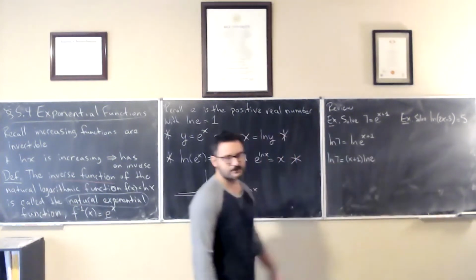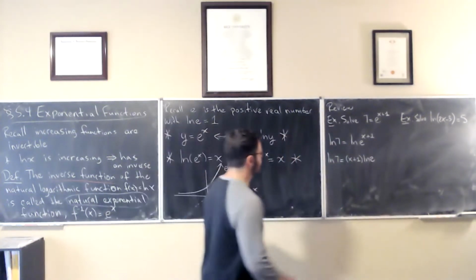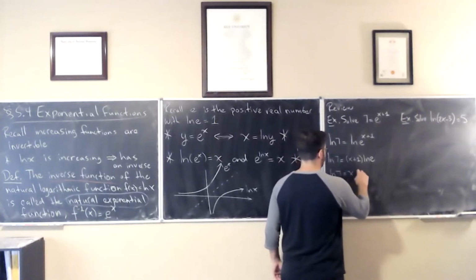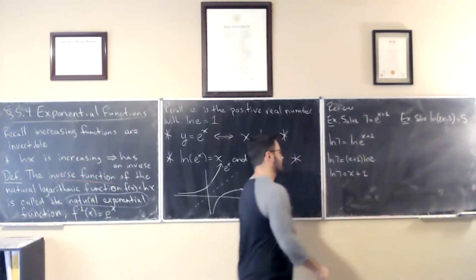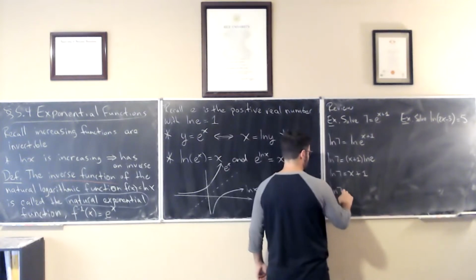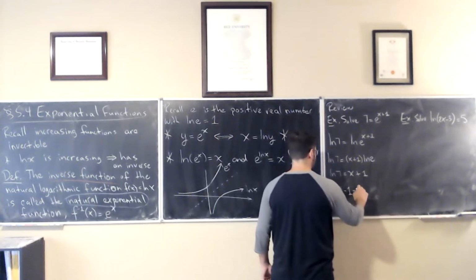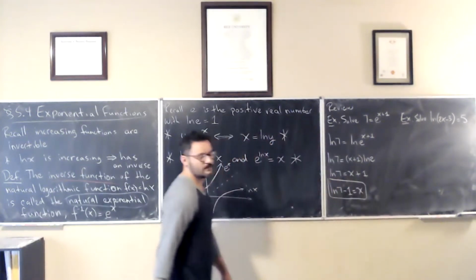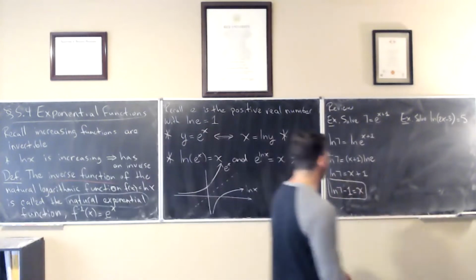And then we know that natural log of e is 1. And then we subtract 1 on both sides and we get our solution. Okay, that's just review of algebra, right?